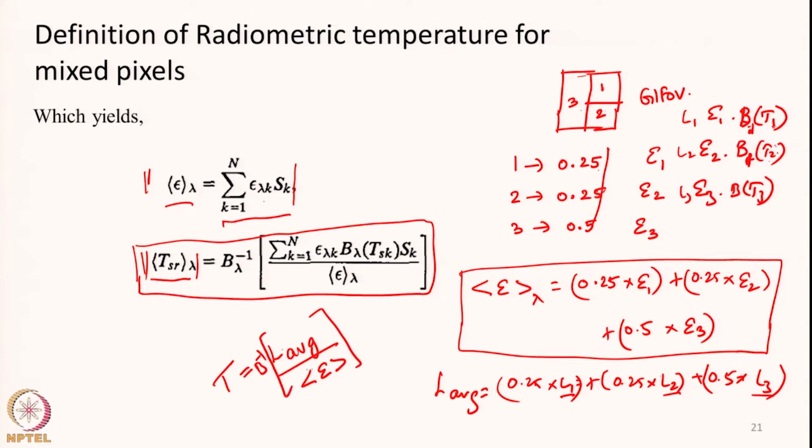If you take the inverse Planck's function of it, we will get the temperature of that particular pixel T. It may look confusing in the first go, but concept wise it is really simple. Emissivity, I think by now, should be clear. Emissivity for a mixed pixel is defined as the aerially weighted average of emissivity of the different features present within a pixel, very easy.